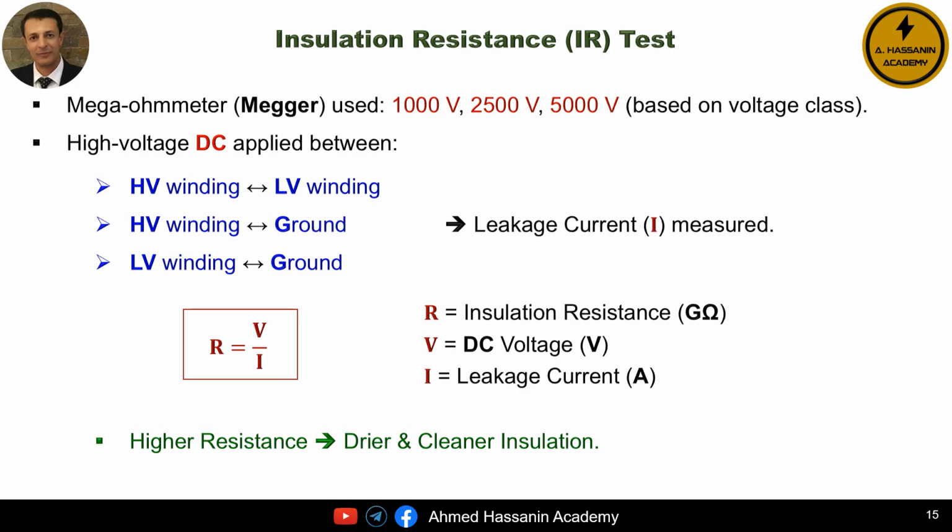Of course, the insulation resistance R is usually in the range of giga-ohms, or sometimes hundreds or thousands of mega-ohms. Thus, the higher the insulation resistance value, R, the better the insulation quality, which means the insulation is dry, free of moisture, and does not contain impurities or contaminants.